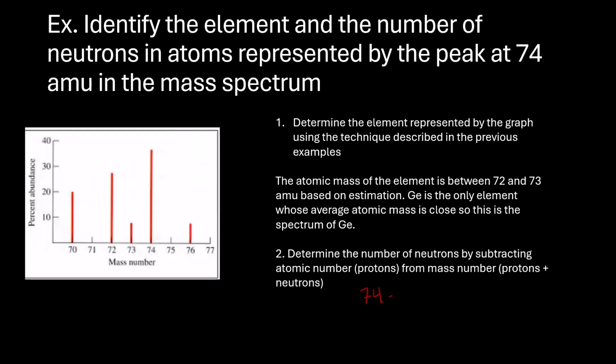The periodic table tells us the number of protons based on the atomic number, and the atomic number of germanium is 32. So 74 minus 32 gives us 42 neutrons. The number of neutrons in the peak represented by 74 in this mass spectrum is 42 neutrons.